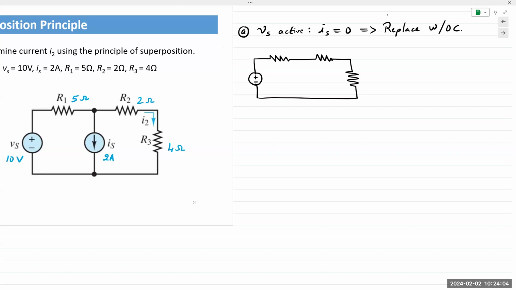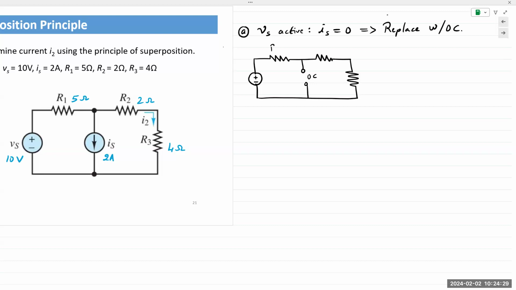You can either choose to just leave it as it is, as I've drawn it right here, which is perfectly fine, or just for explanation purposes, I tend to draw it out. This is the open circuit where Is used to be. Again, you do not have to draw those terminals. I'm drawing those just for purposes of explanation.